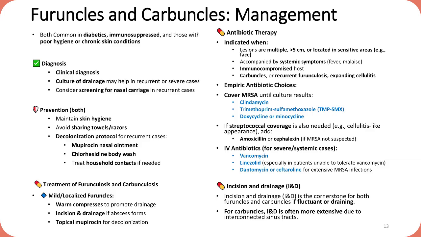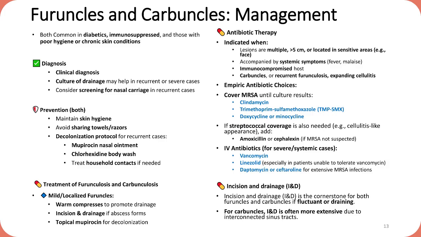Empiric antibiotic choices should cover MRSA and may include clindamycin, doxycycline, or trimethoprim sulfamethoxazole, with the addition of beta-lactams like amoxicillin if streptococcal coverage is also needed. In severe or recurrent cases, especially those unresponsive to oral therapy, intravenous antibiotics like vancomycin, linezolid, or daptomycin may be required.